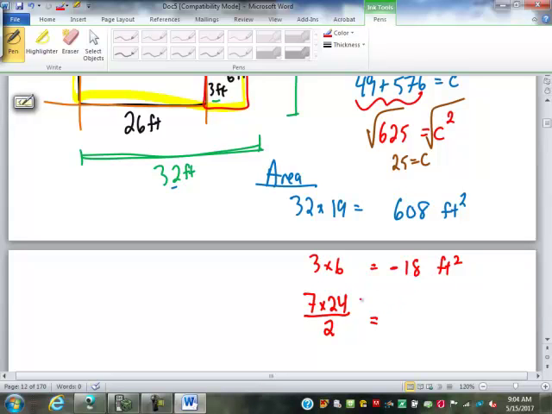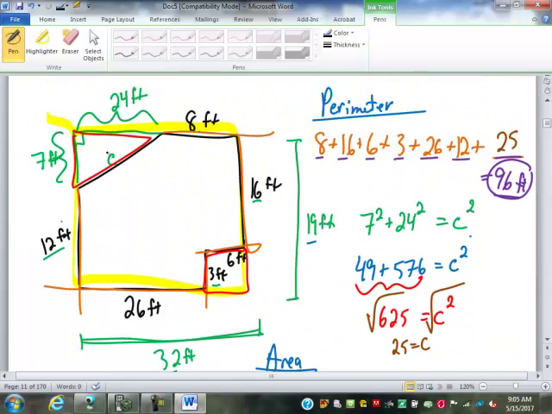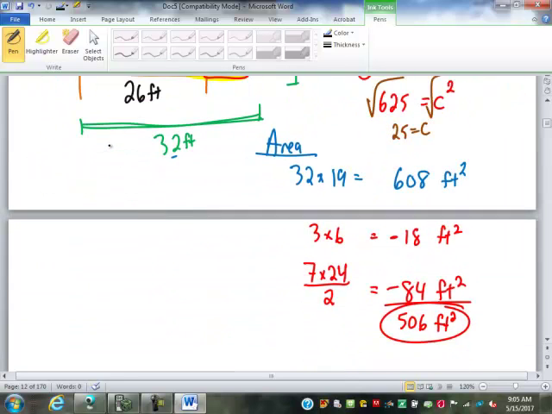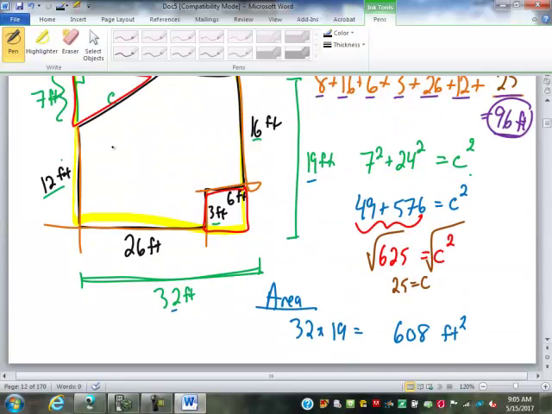So 7 times 24 divided by 2 is 84, so I'm subtracting another 84 from that. So 608 minus 18 is 590, minus 84 is 506 square feet. Any questions on that one? So we got a perimeter of 96 and an area of 506 on that shape.